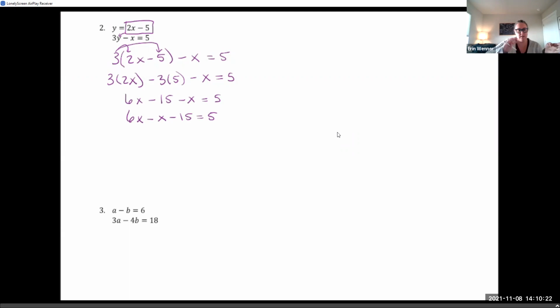So I had 6x minus x, which reduces to 5x minus 15 equals 5. So I'm going to let you finish this problem from here. I want you to solve for x, substitute back into the first equation and solve for y, and tell me what you get as your solution as an ordered pair.